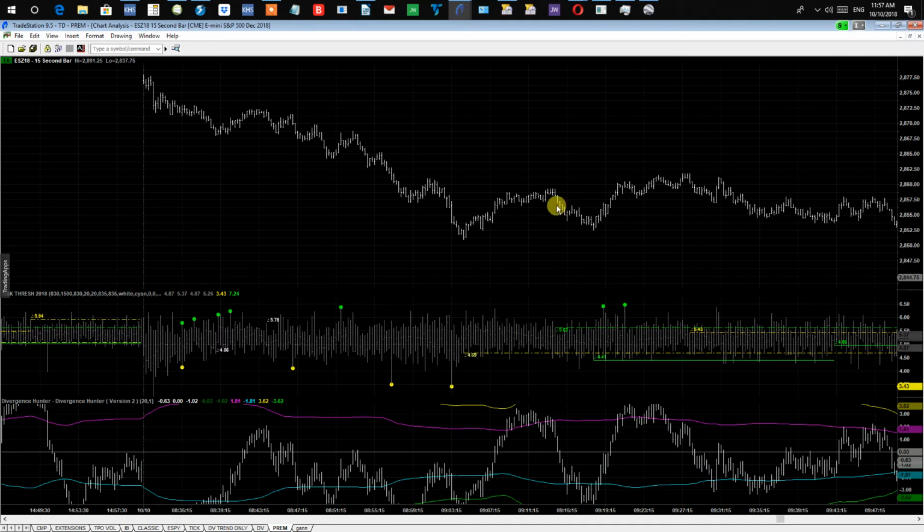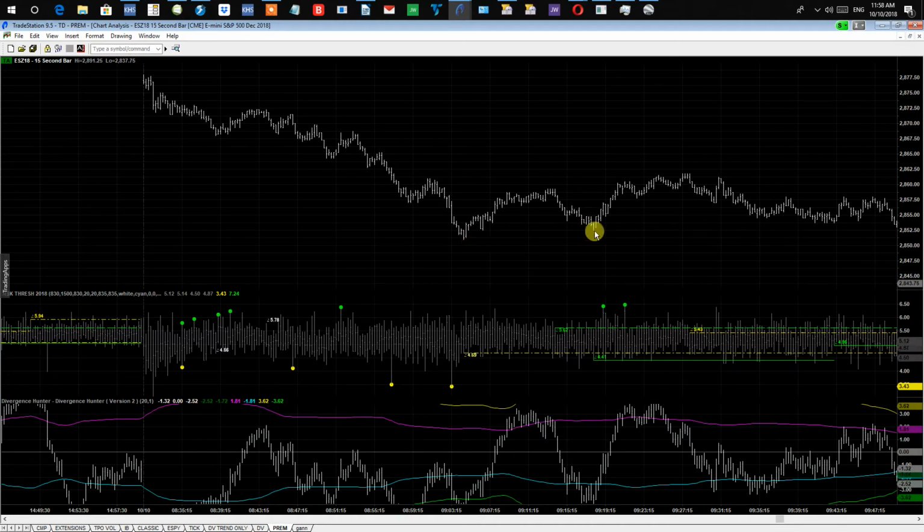Now we have a high here, we have a low here, and we're looking for lower lows. But we've got higher highs over here, and we don't want to pick this and this, because from the standpoint of the pivot, yes, it's a higher high, and this is a lower high.